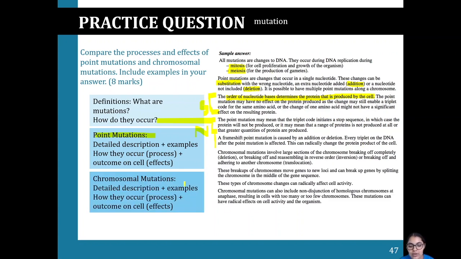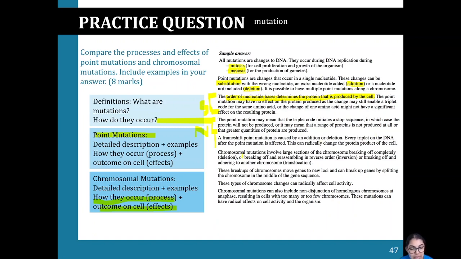And then we talk about chromosomal mutations. And remember, it's asking us to compare, so we actually have to link it back to the process and the effects. Chromosomal mutations may involve large sections of the chromosome breaking off completely, or breaking off and reassembling in reverse order.